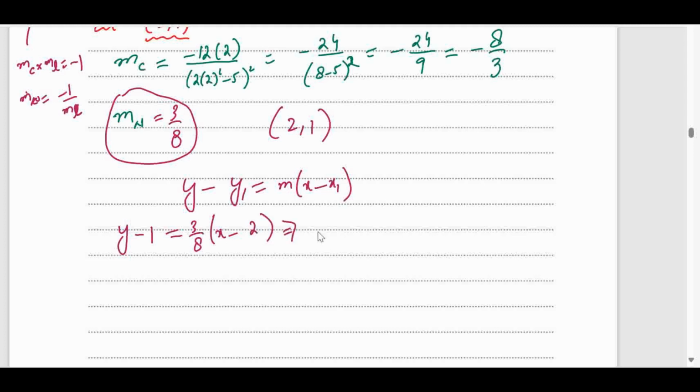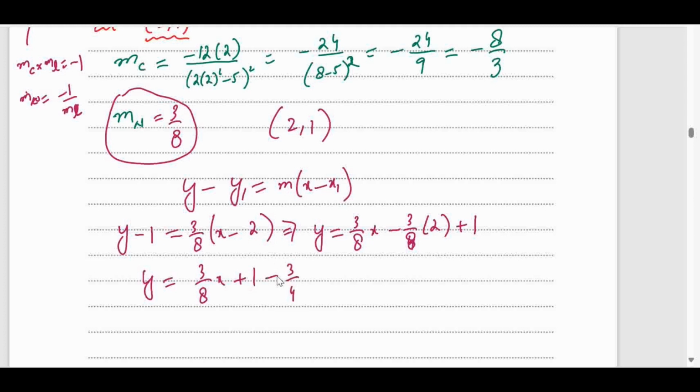Now if we simplify it further, y = 3/8 x − 3/4, basically minus 3/8 into 2, then plus 1. So y = 3/8 x + 1 − 3/4.